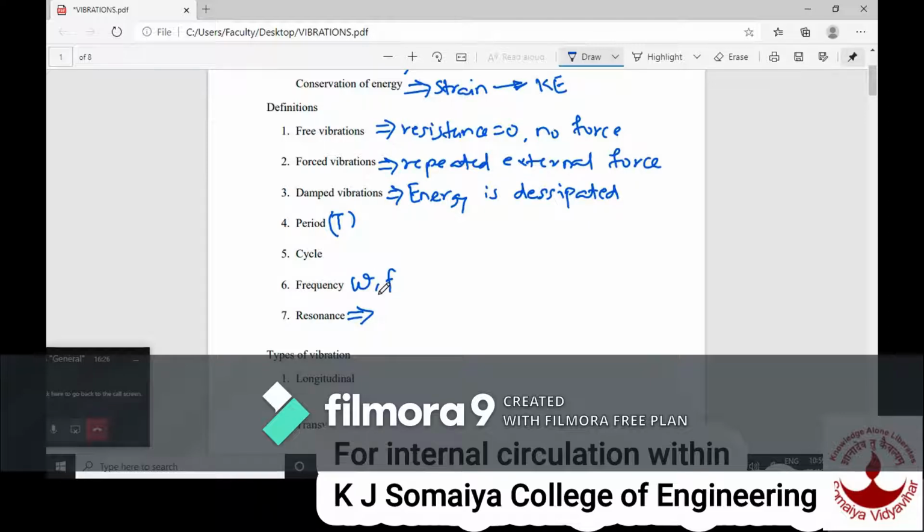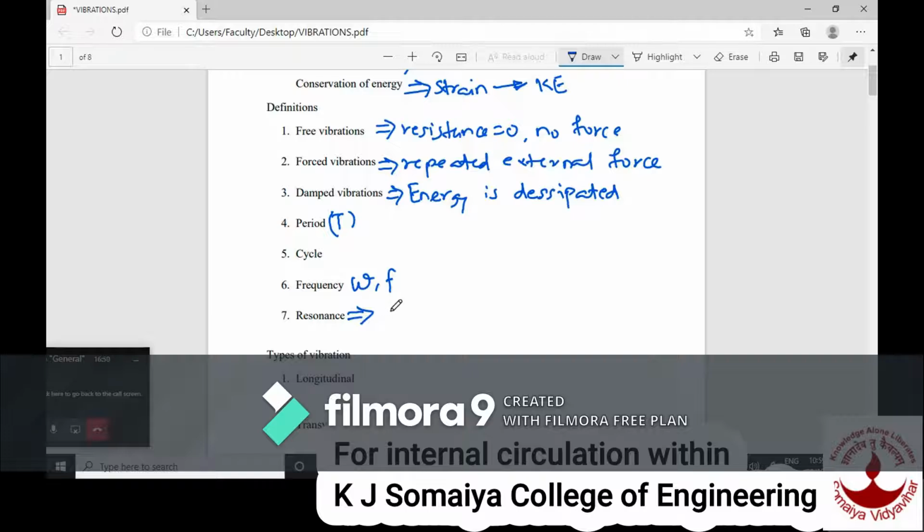One is the natural frequency of the system itself, whereas the second is the frequency of the external force applied on the body due to which the vibrations are generated. So there are two different frequencies: one is its own frequency, and the second is the frequency of the force acting on the body.